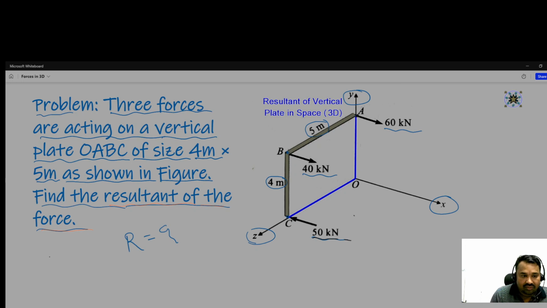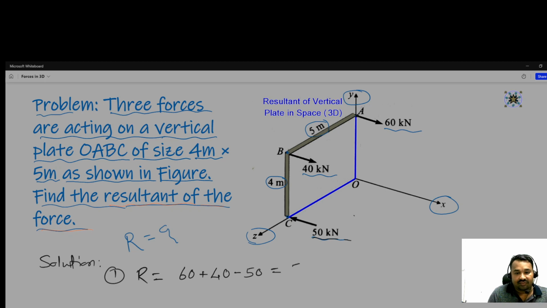So solution, first step is to find out the resultant. So you can see the 60 kilonewton, 60 plus this 40, then minus 50 kilonewton is equal to 50 kilonewton.